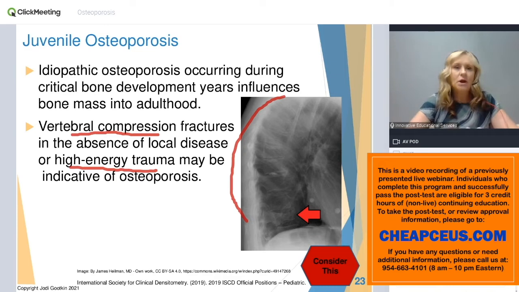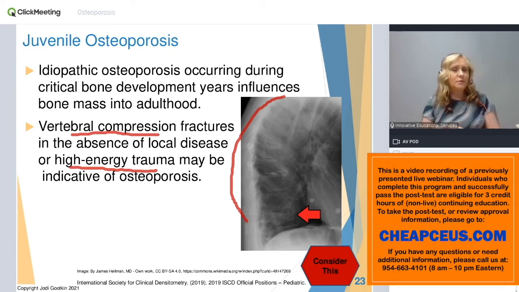Also consider that if you have children that present with compression fractures, it may not be primary osteoporosis. It could actually be secondary. They're finding that celiac disease does not present itself early on in children, or it may not be very obvious, and that one of the indicators of that malabsorption of the intestines might be that they've developed compression fractures.